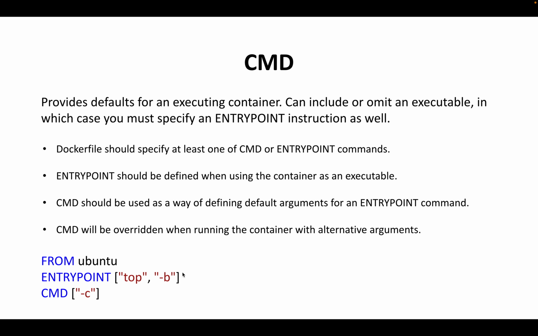So you can also override these arguments when you directly run your container via docker run command from command line. So these CMD arguments are only the default ones and can be overridden by your specific instructions afterwards.